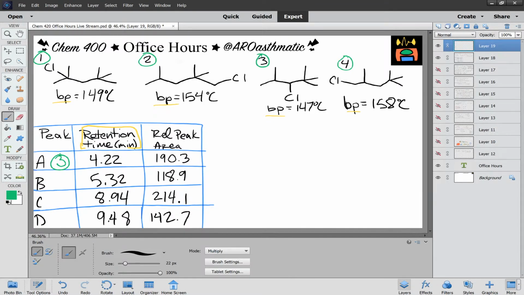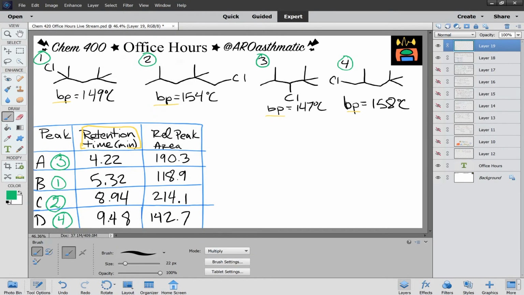Our next lowest boiling is compound 1 with a boiling point of 149. We've done 1 and 3, so between 2 and 4, 2 is 154, so that comes out first. And 4 has the highest boiling point, which means it will have the highest retention time. So that is assigning the peaks to the structures, part 2 of the data analysis.